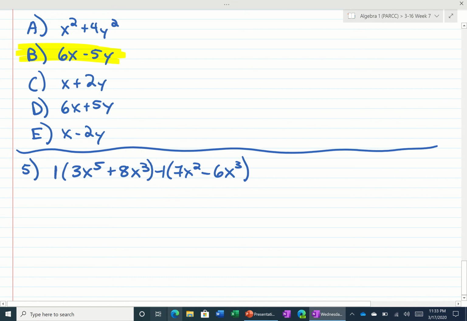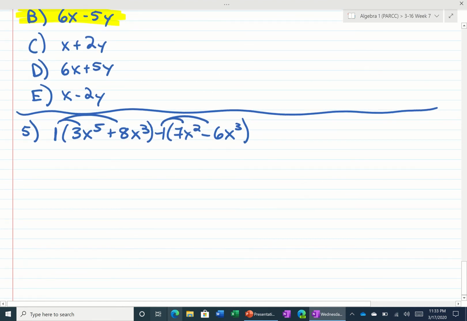Same thing with this. So this actually goes back to an earlier problem. What we could do is just distribute and then combine like terms. If there were 2 parentheses next to each other, you would absolutely FOIL or distribute. But because there's a number in between, that's why we do this instead. So let's see what that looks like.